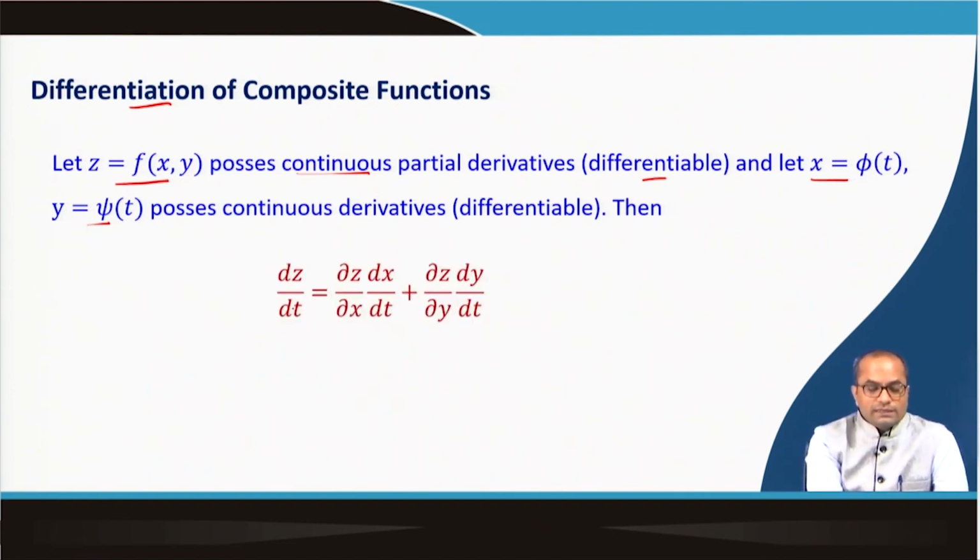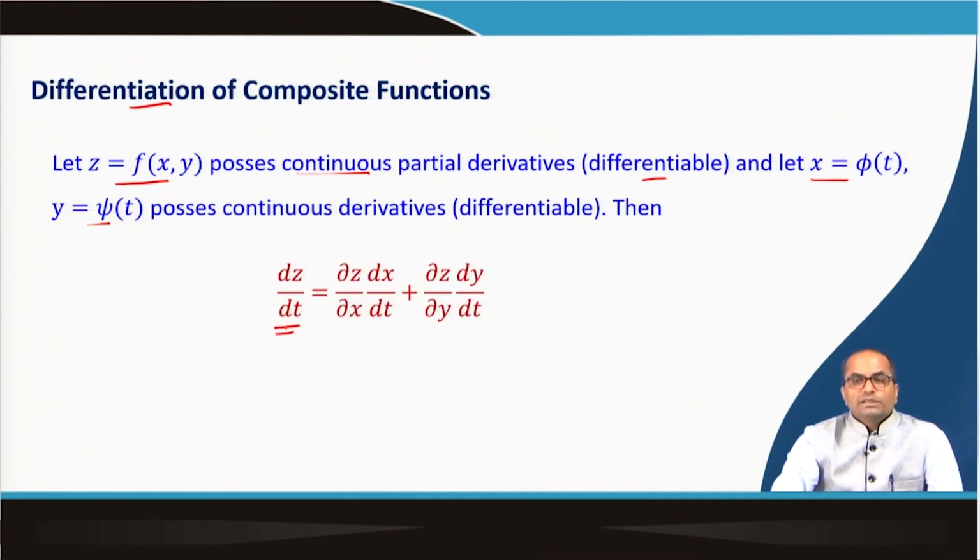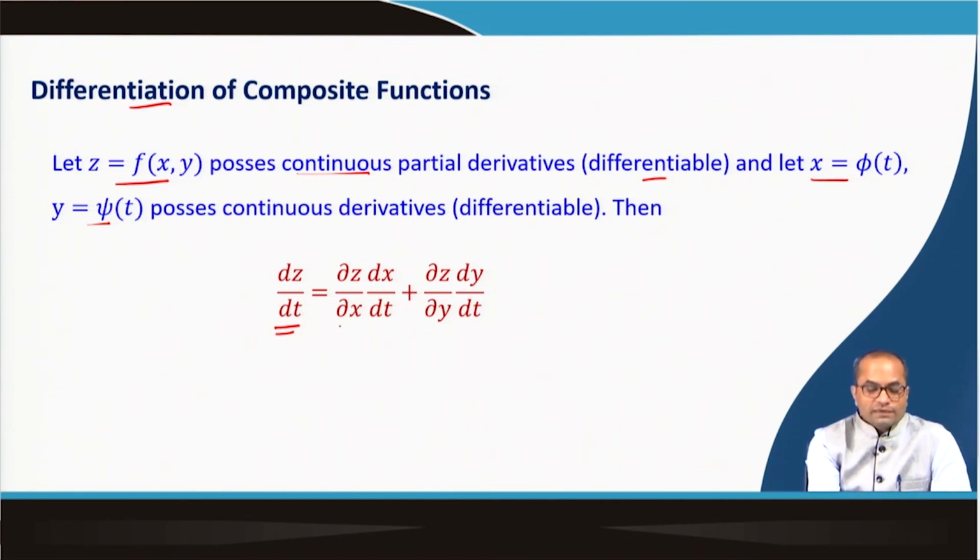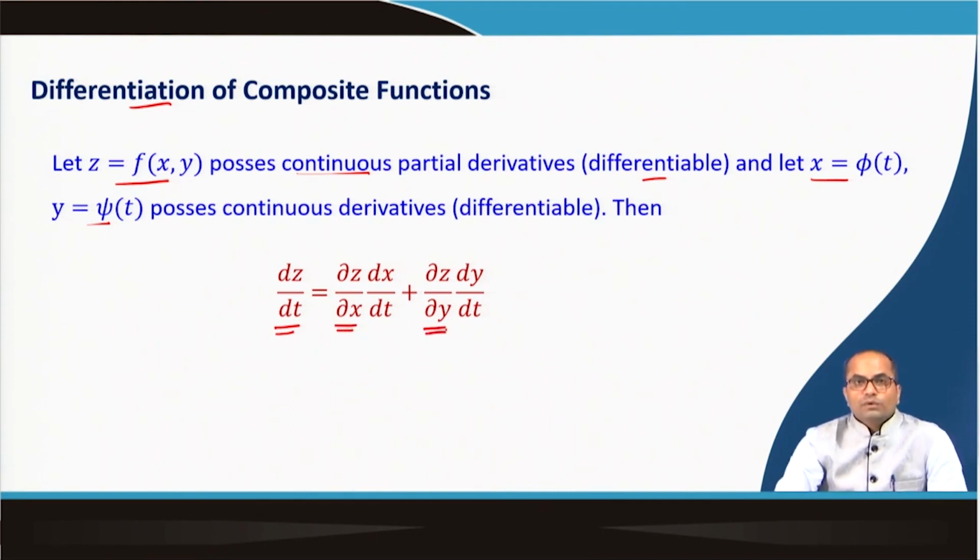Then we will show that dz over dt, the ordinary derivative of z with respect to t, we can write down in terms of the partial derivative of z with respect to x, the partial derivative of z with respect to y, and then the ordinary derivative of x, because x is a function of t alone. So, dx over dt and dy over dt.